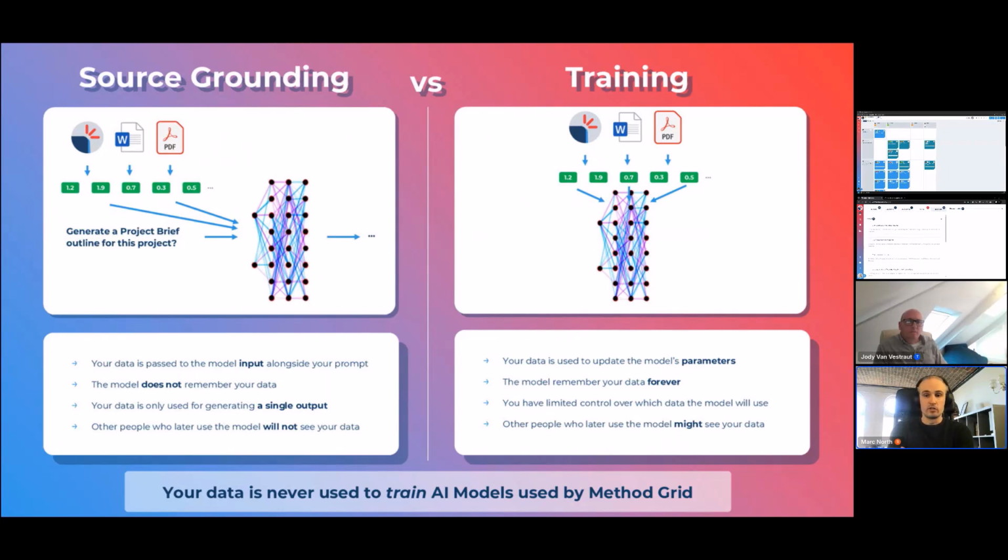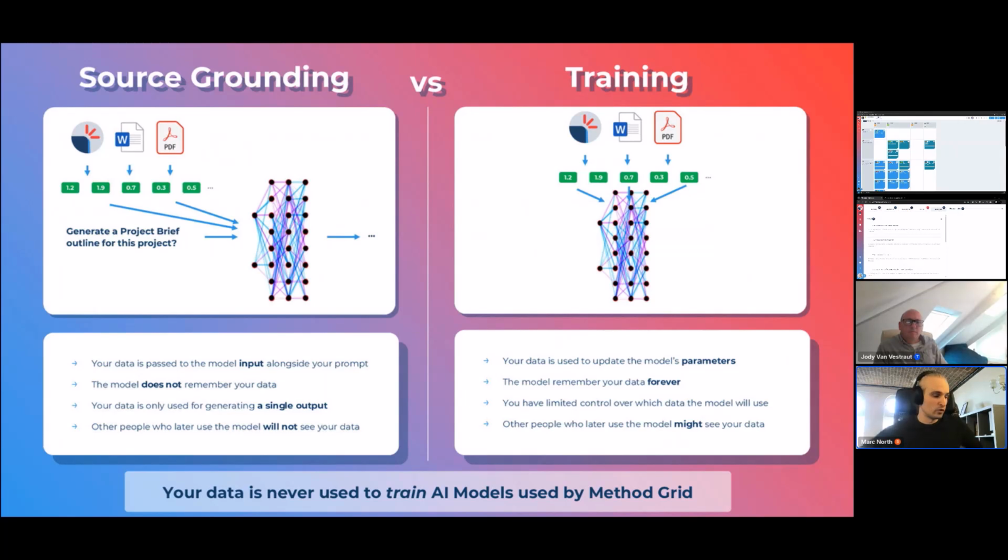You have limited control over when the AI model is going to use that data. It might use irrelevant data when you don't want it to, or very importantly, it might share that information with other people who shouldn't be seeing it, with other people in different organizations if they're using the same AI model.